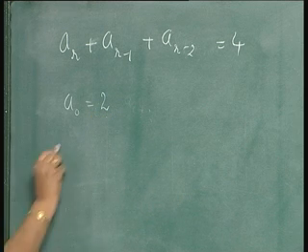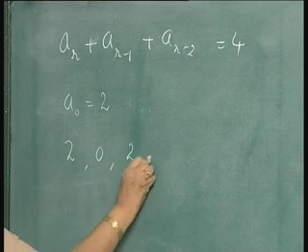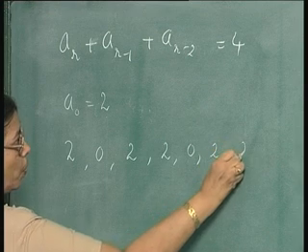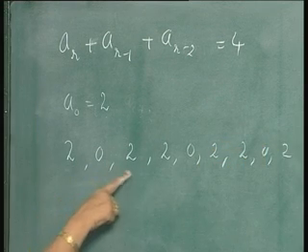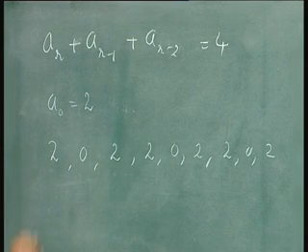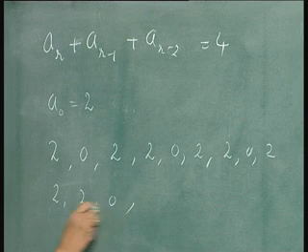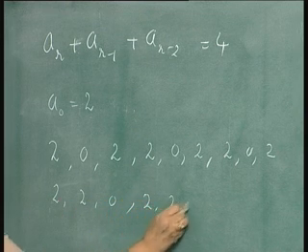For example, you can see that 2, 0, 2, 2, 0, 2 is one sequence. A0 is 2, A1 is 0, A2 is 2. This will satisfy this recurrence relation. Another one is 2, 2, 0, 2, 2, 0.